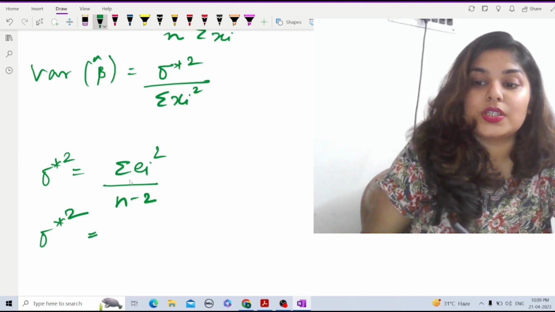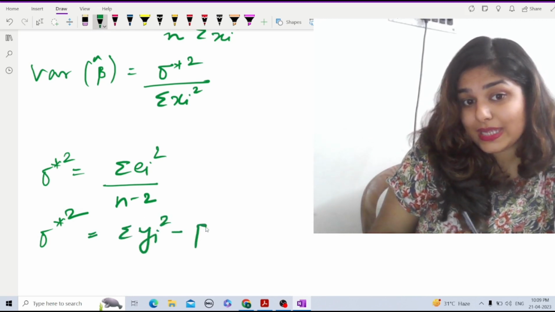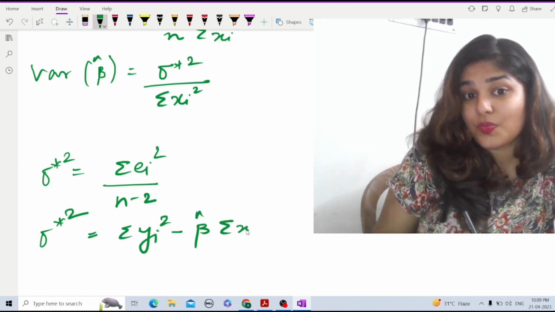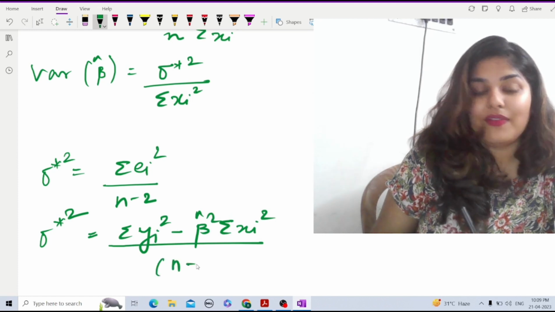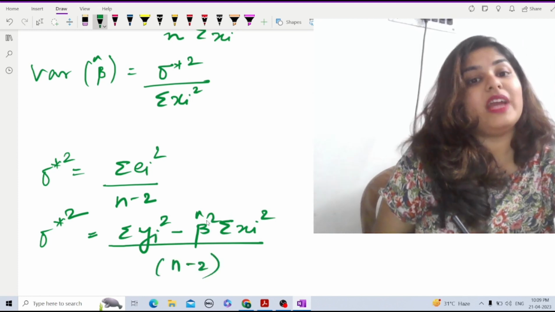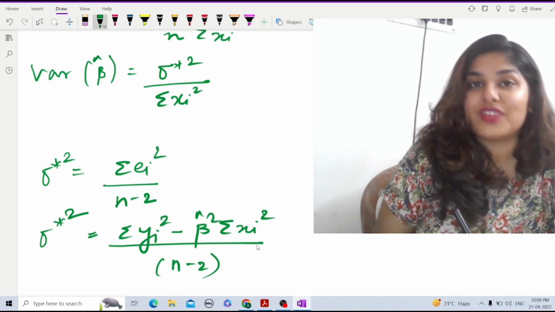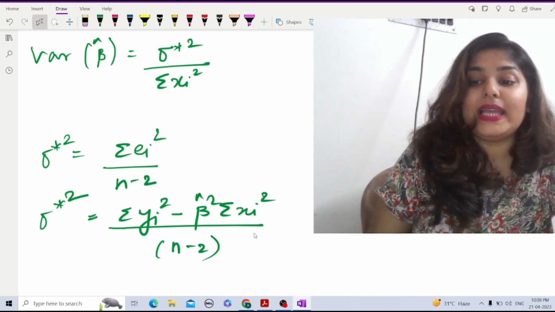In place of summation ei square, I'm going to write summation small yi square minus beta hat square times summation small xi square, divided by n minus 2. So we have summation small yi square, beta hat square, and summation xi square. Let us put the values here. What is summation yi square?